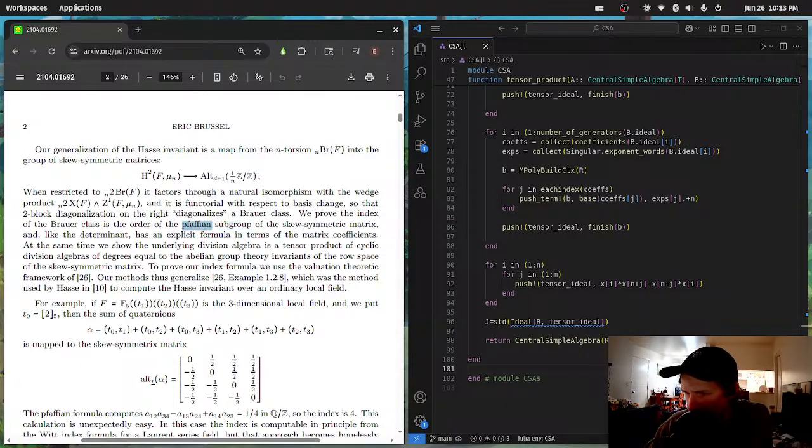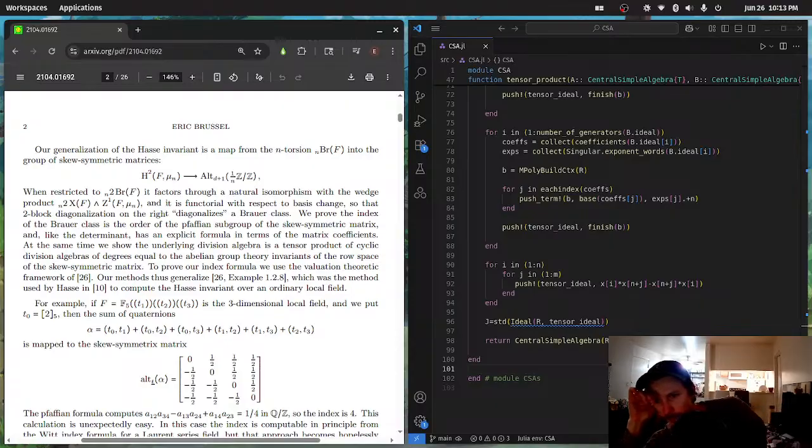It's going to be some subgroup in this quotient, 1 over n Z mod Z. And then whatever the order of that group is, that's the index. And the determinant has an explicit formula in terms of the matrix coefficients.